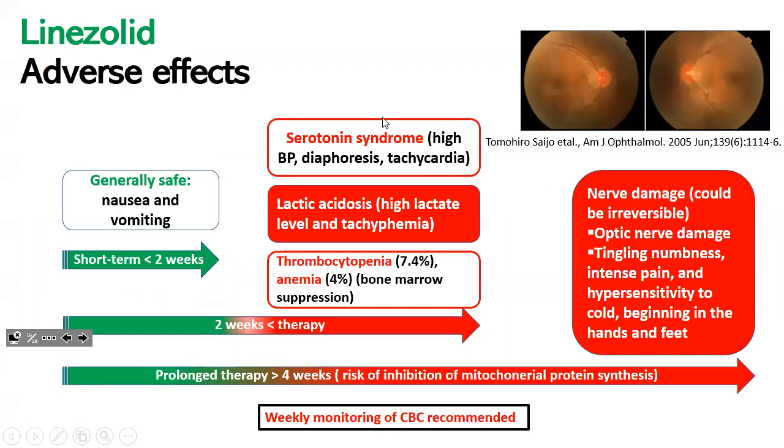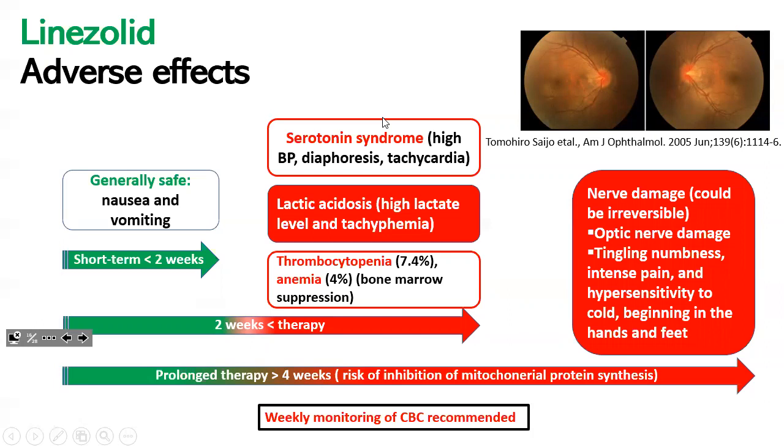Now, initially, when a patient receives linezolid for only two weeks or less, most of the complications are associated with its ability to provoke nausea and vomiting. The problems start when the linezolid therapy continues beyond 2 weeks. Now, the patient might be predisposed to serotonin syndrome.